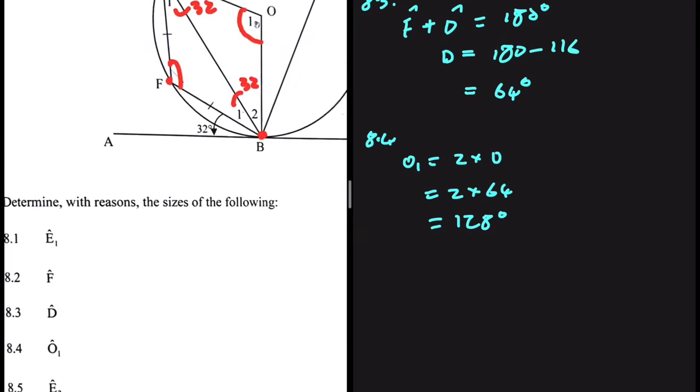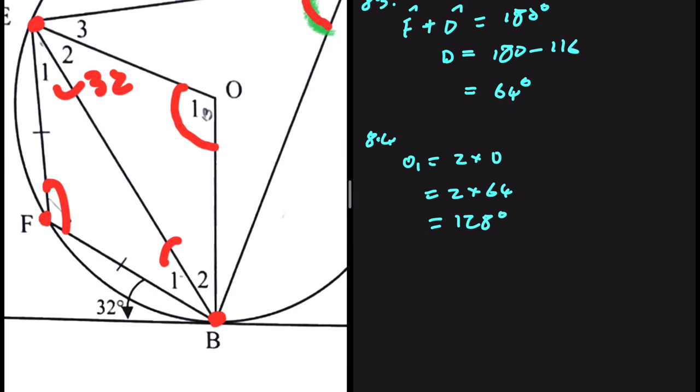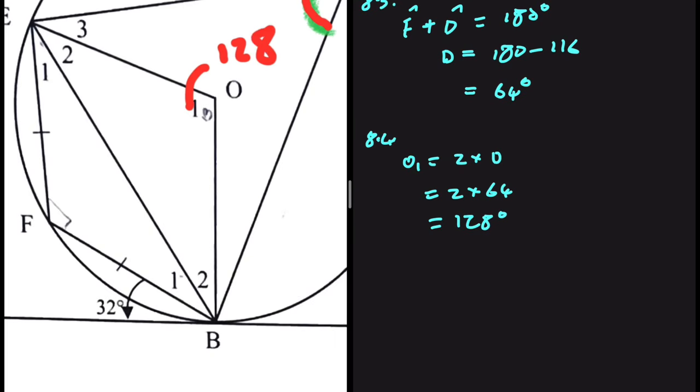The last question, we are looking for E2. So let's go ahead and see what we have for E2. At this point, we know fully well that O1 is equal to 128, but OB is a radius, and OE is also a radius.